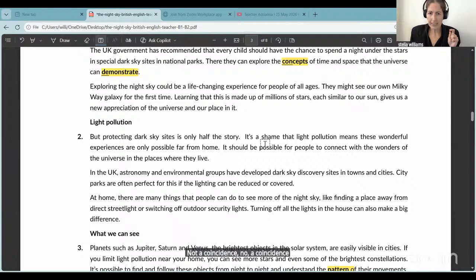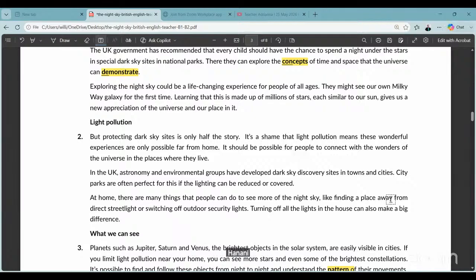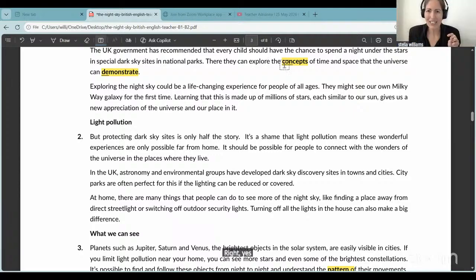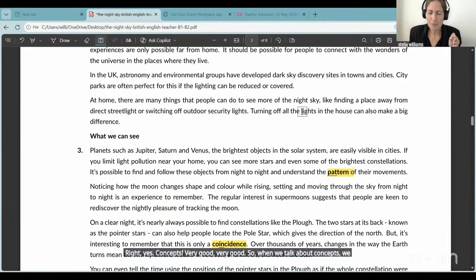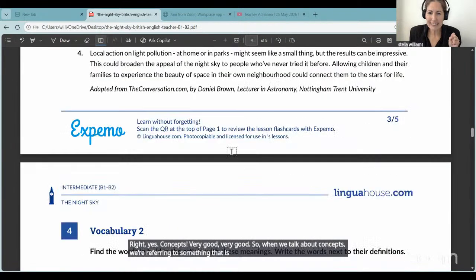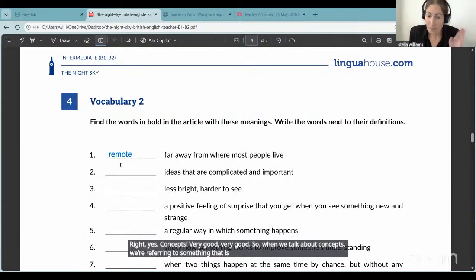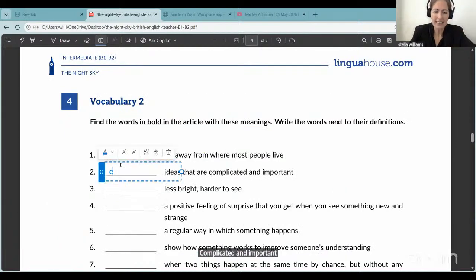No, not that one. Hanani, what do you say? Concept. Right. Yes. Concepts. Very good. So when we talk about concepts, we're referring to something that is complicated and important, like the concept of time, for example.